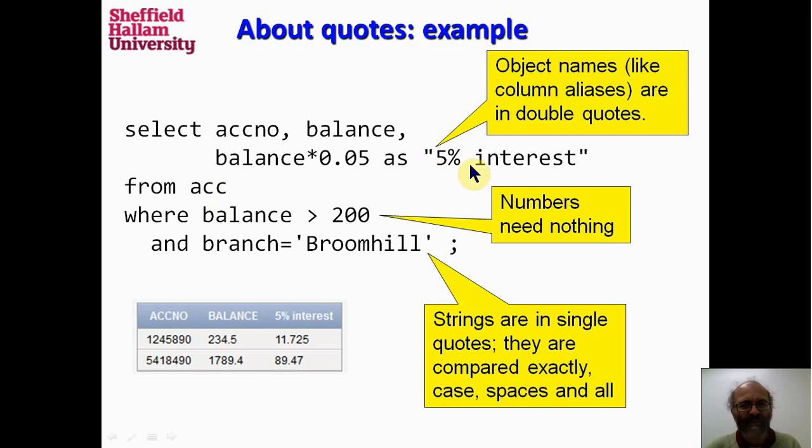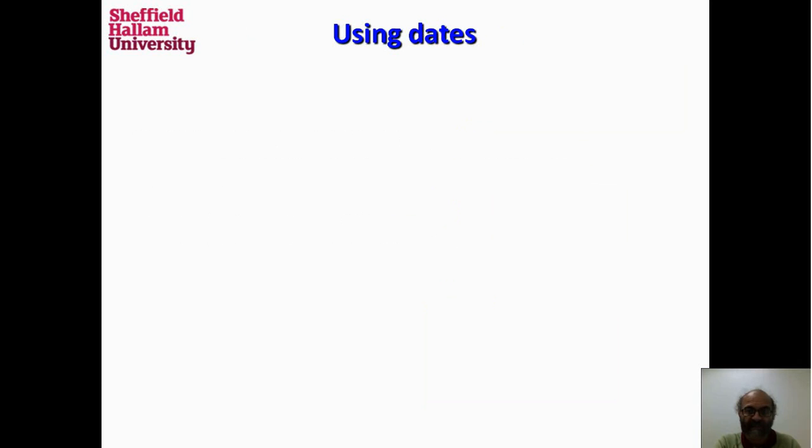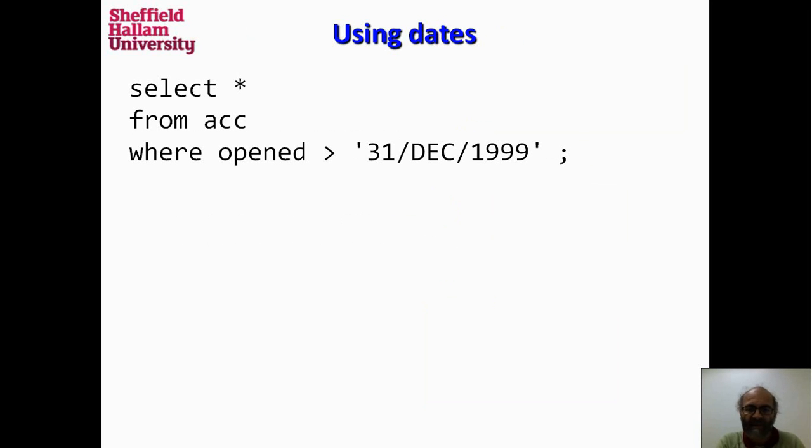But 5% interest, to make sure that the computer understands that this is the name of an object, it's put in double quotes. Right, overall then, nothing at all for numbers, single quotes around strings, double quotes around the names of objects. Now, dates. The dates are placed in single quotes like this.